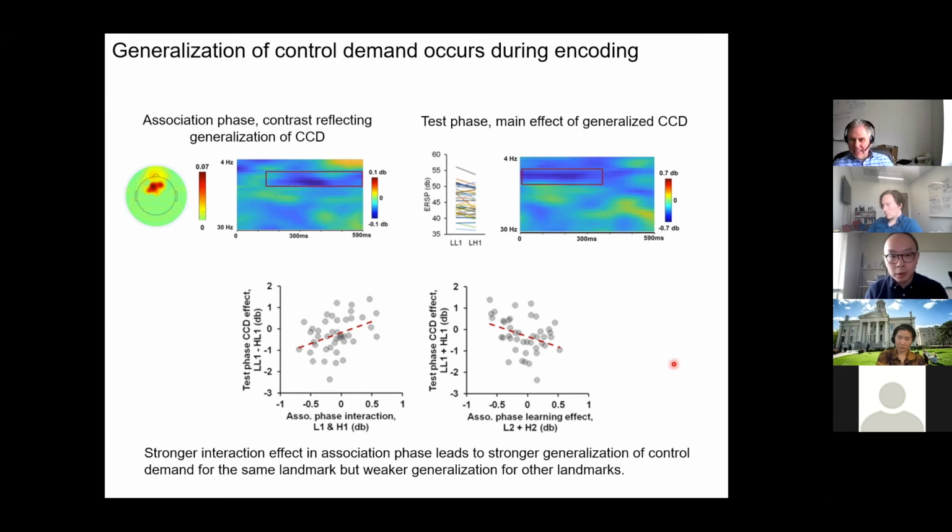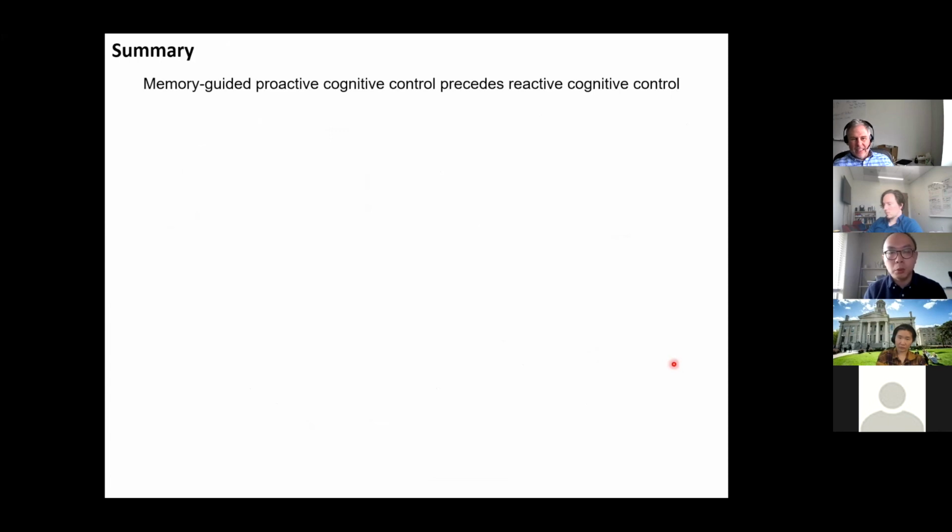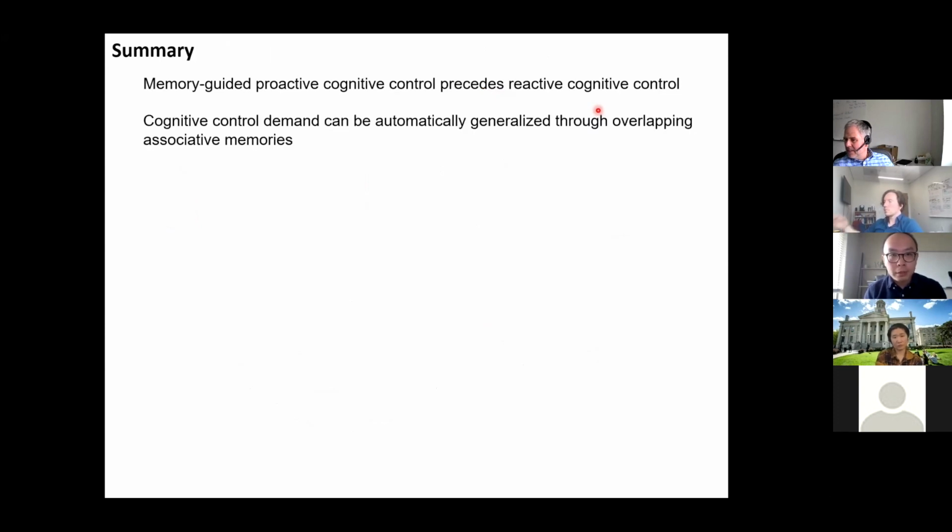Just to summarize, in this study, we first looked into within-trial temporal dynamics of memory-guided proactive control. Basically, the retrieval of the associated control demand precedes the actual control demand in guiding our cognitive control. And then we looked into generalization using this ABAC kind of design, and we found that generalization occurs during encoding.